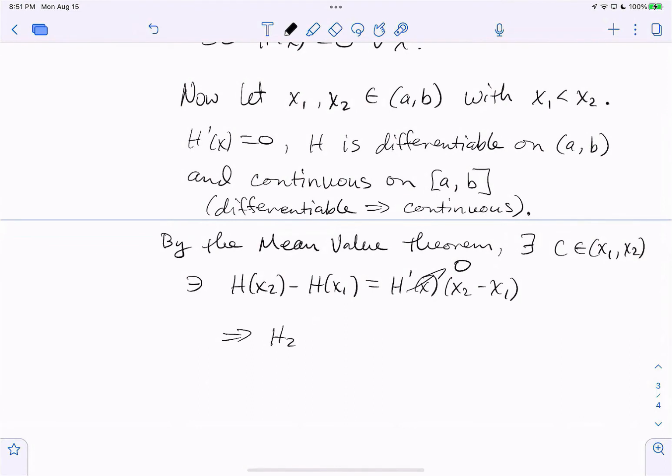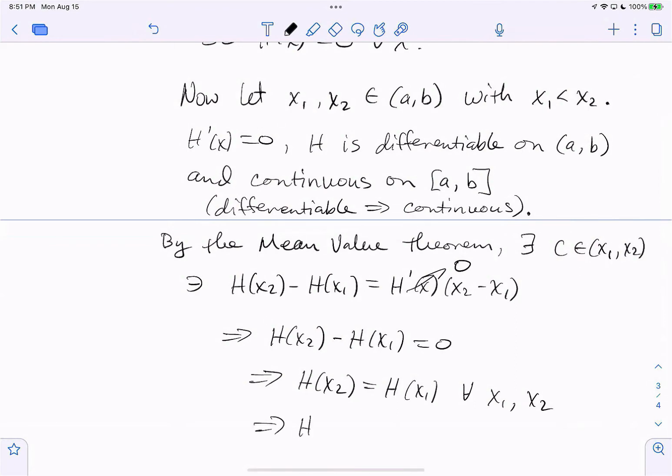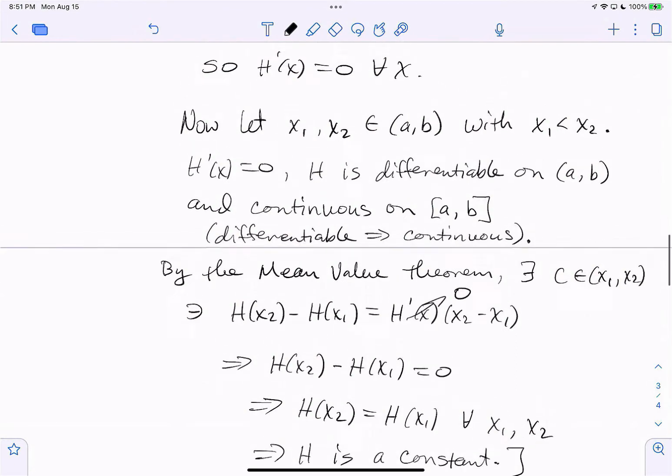So then h of x2 minus h of x1 is equal to 0, which means that h of x2 is equal to h of x1 for all x1 and x2, which means that h is a constant. Okay, so that proves the proof within a proof.